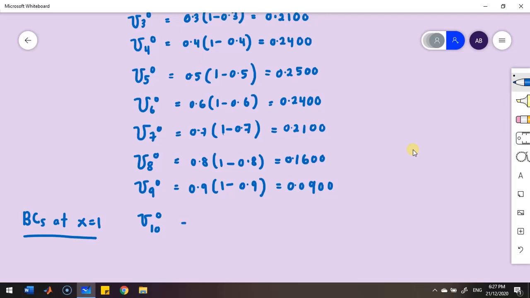My t is 0. So what is this? Cos 0 is 1. So my U10 is 1.0000.